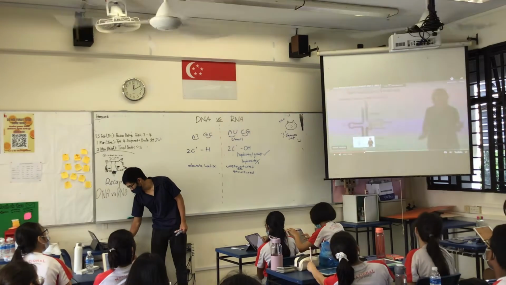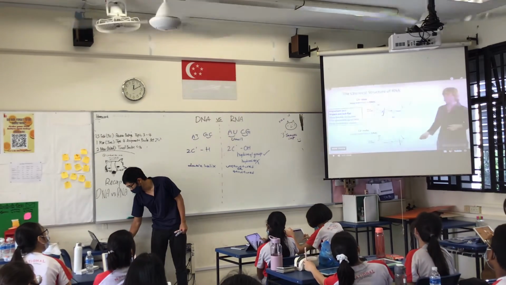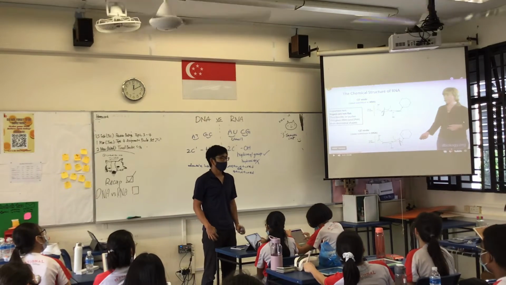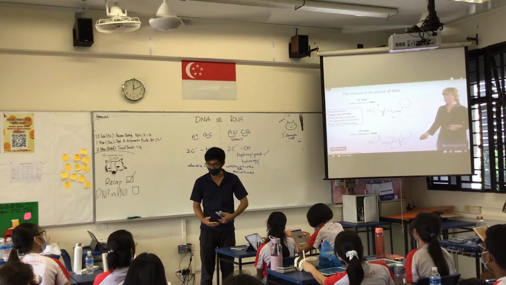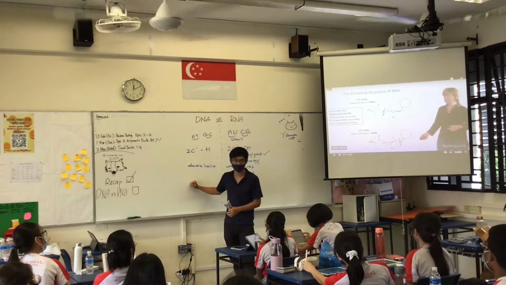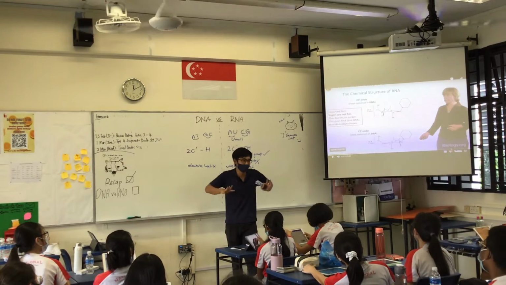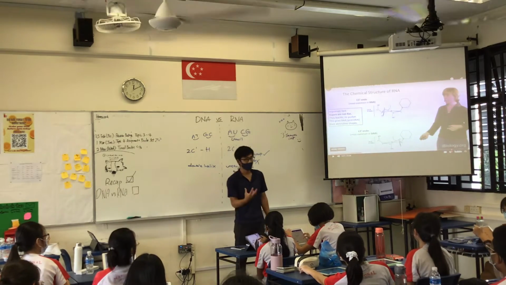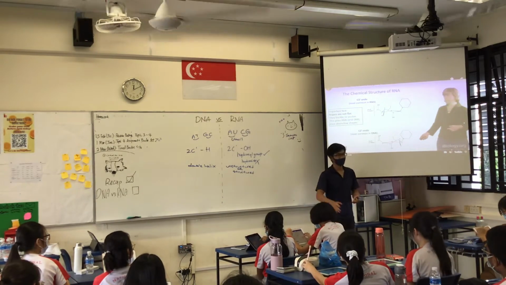Let's go back here. This one over here. Okay, so it's out of our syllabus. Just to let you appreciate this a little bit more: every time we draw a nucleotide on the whiteboard, we have flattened everything onto a 2D plane. In reality, a nucleotide is not flat.